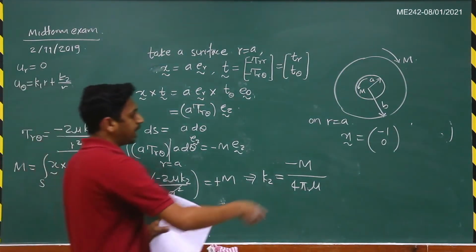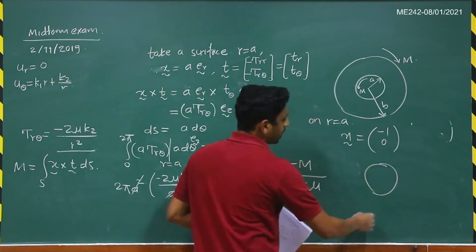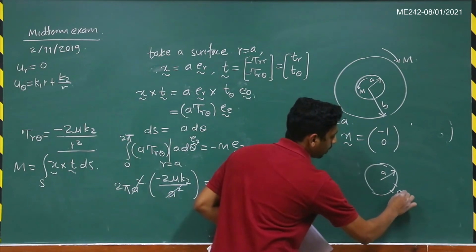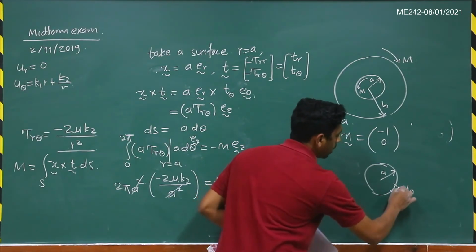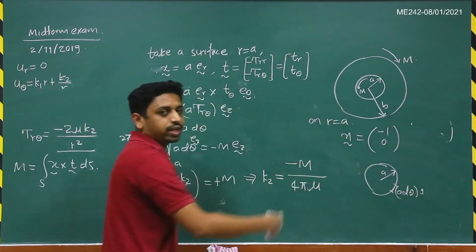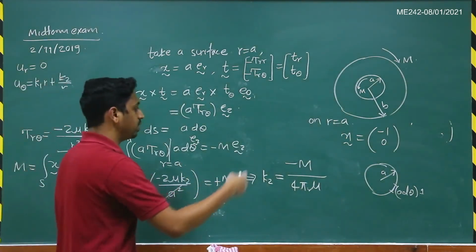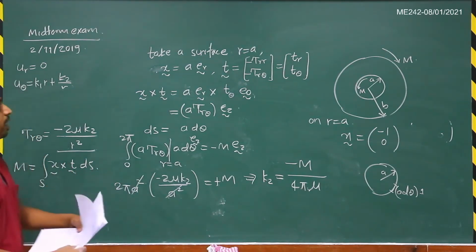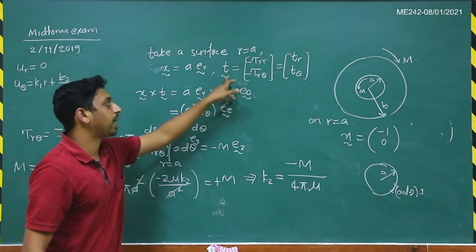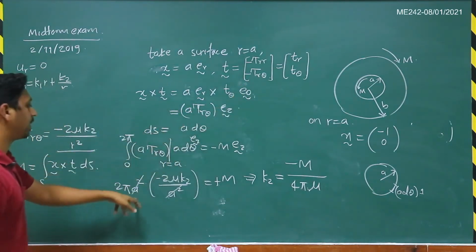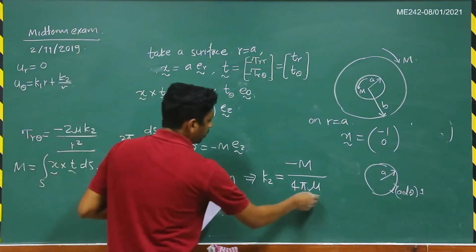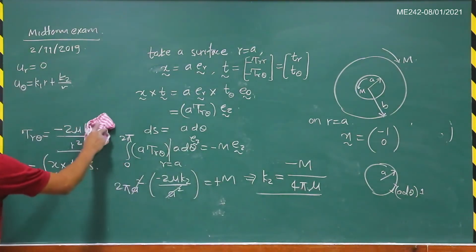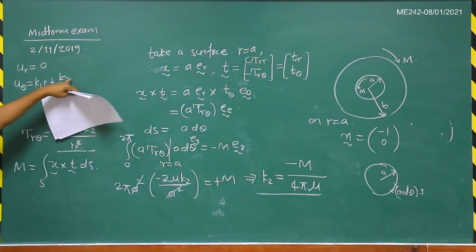If we take this particular surface r equals a, and take the differential element, the length of this area element will be a d theta into unity, which is in the direction inside the board, the z direction. If we use this expression and the traction conditions obtained from the Gaussian relation, we get this expression, and from that we are able to find one of the constants, K2.